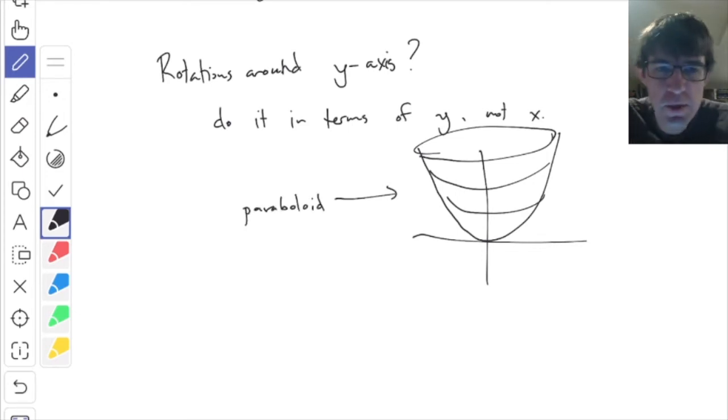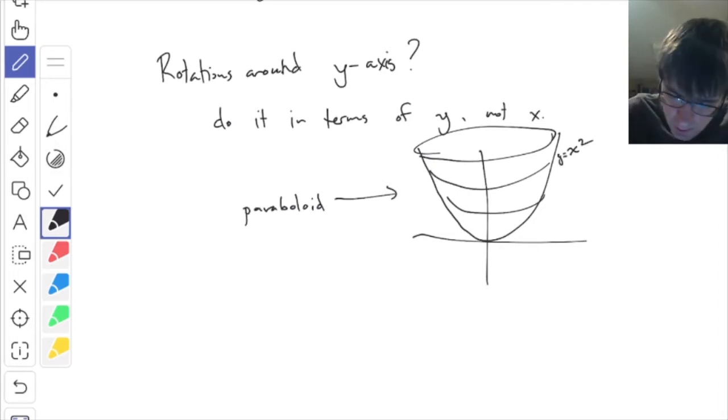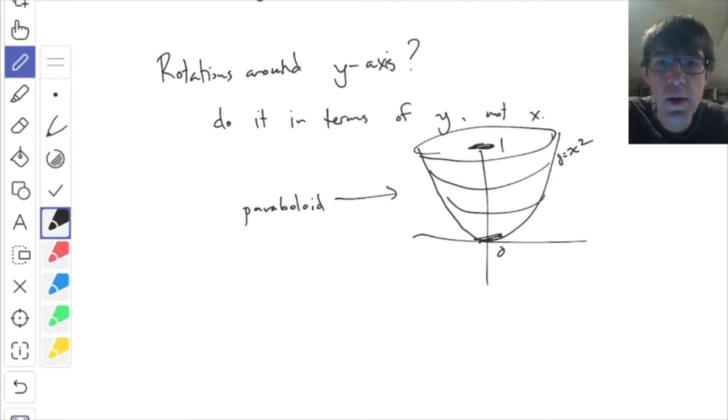The three-dimensional version of a parabola is a paraboloid. And let's see if we can find the volume of a paraboloid which has the function y equals x squared going from 0 to 1, like that. Can we find the volume of this paraboloid? Y equals x squared, function going from 0 to 1.